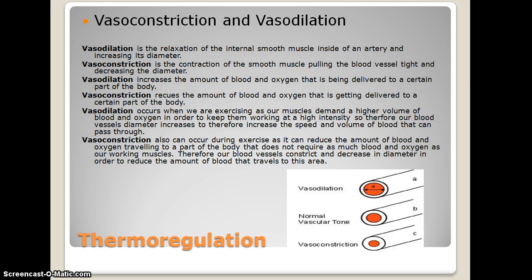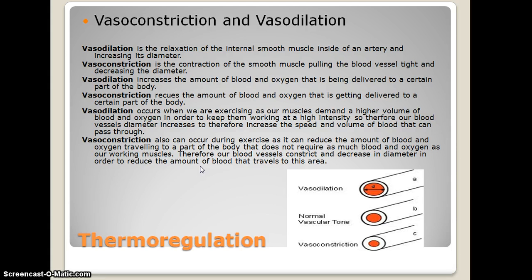Vasoconstriction also can occur during exercise, as it can reduce the amount of blood and oxygen travelling to a part of the body that does not require as much blood and oxygen as our working muscles. Therefore our blood vessels constrict and decrease in diameter in order to reduce the amount of blood that travels to this area of the body.